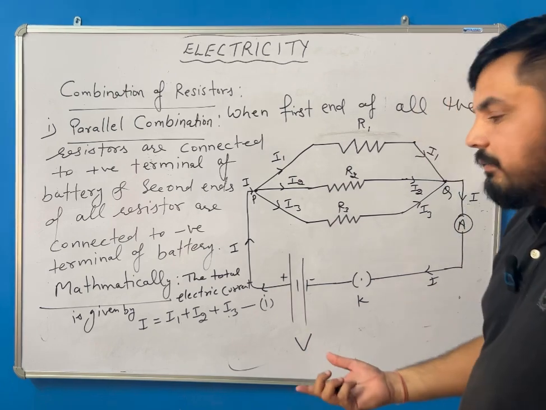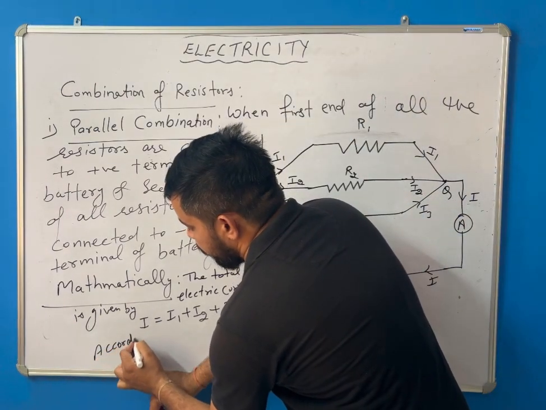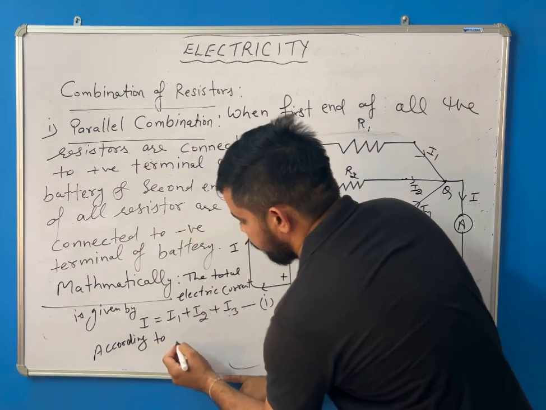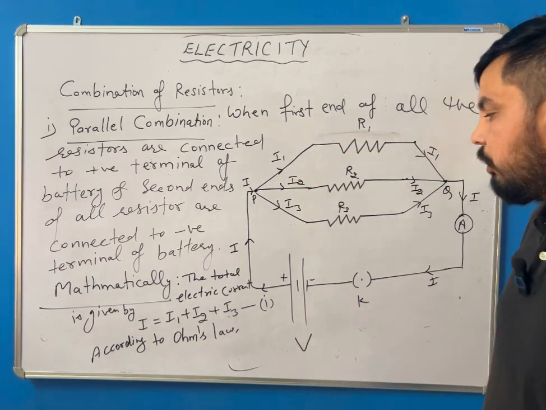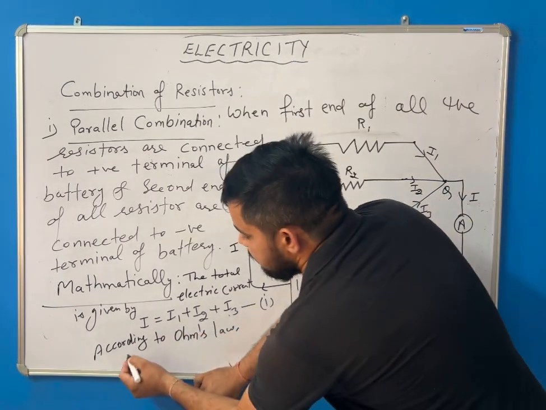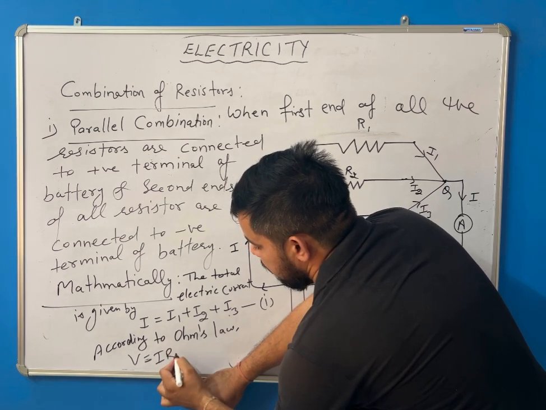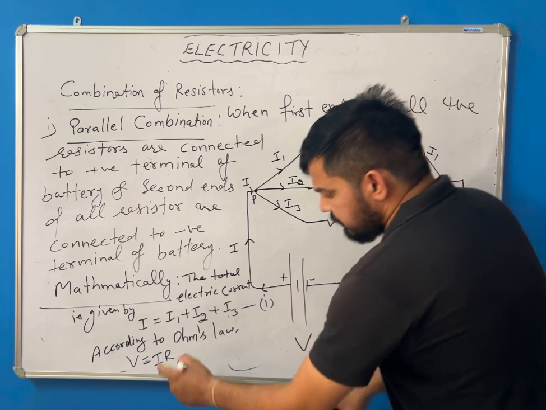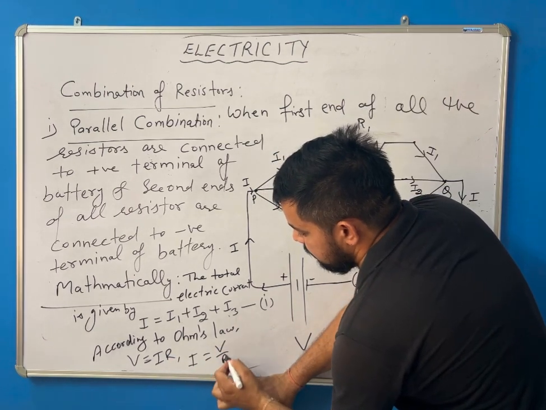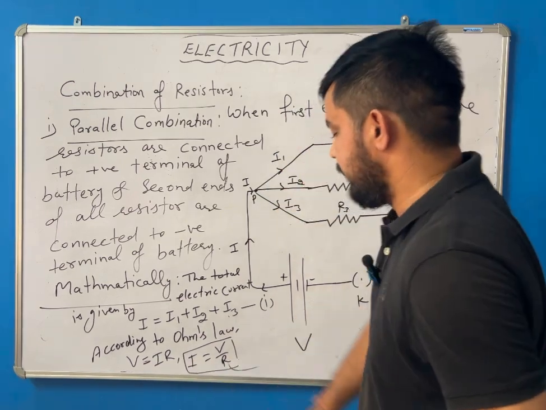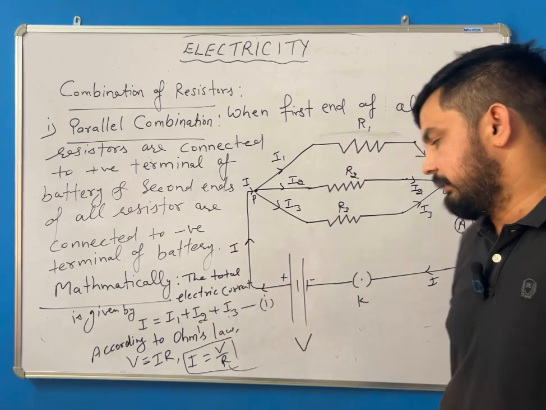Okay. Now we apply Ohm's law. According to Ohm's law, V is equal to IR. If we find the value of I, then I will be equal to V by R. In the same way, we will find the values of I1, I2 and I3.